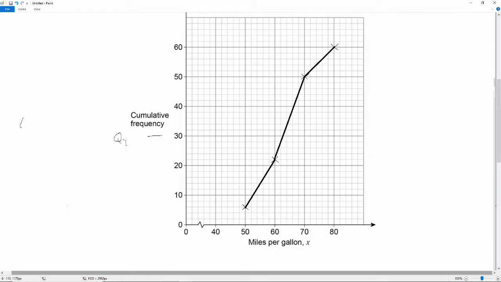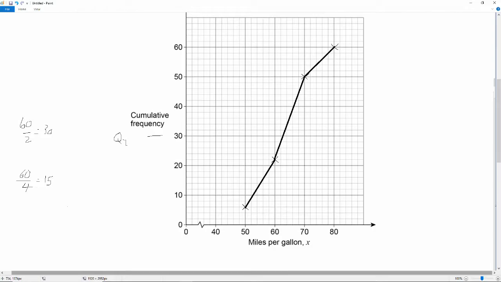So that's just 60 over 2. Then halfway between the start and quartile 2 is your quartile 1. So that's basically 60 divided by 4. So 60 over 4 equals 15.